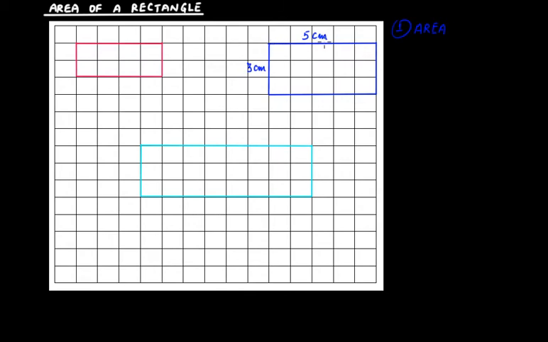So if the length is 5 centimeter, then 1, 2, 3, 4 and 5, it should cover 5 squares. And if the breadth is 3 centimeter, then it should cover 1, 2 and 3 squares. That's very clear. So 5 centimeter and 3 centimeter.